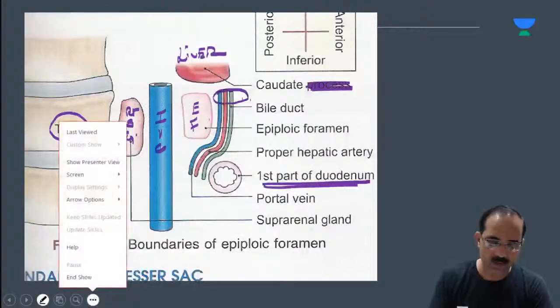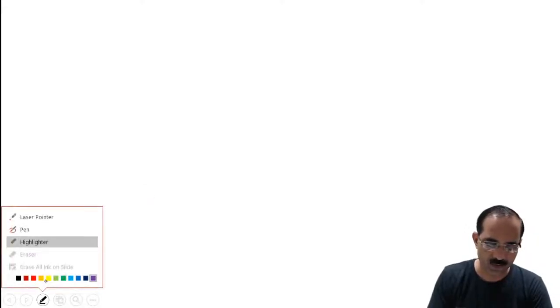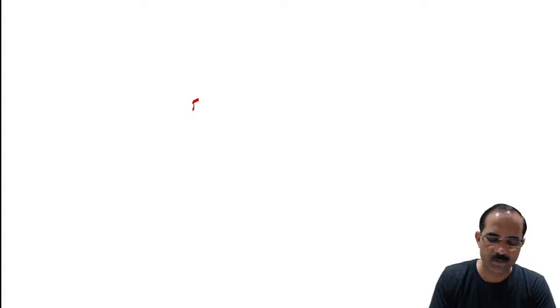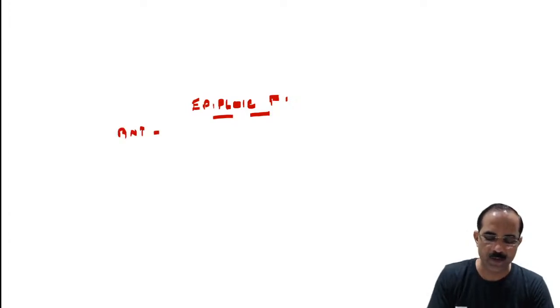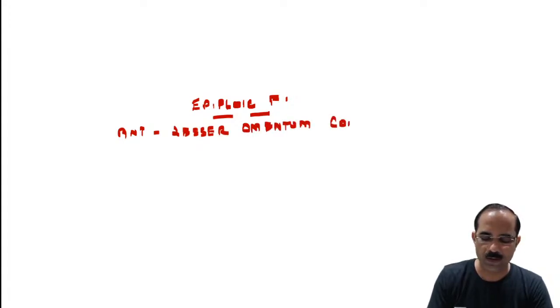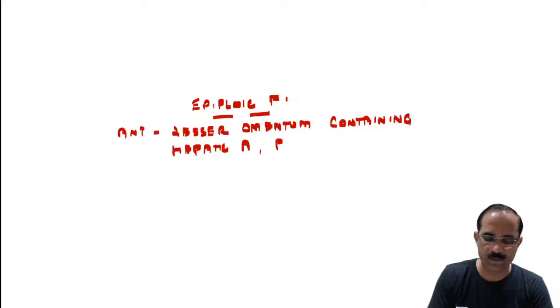The boundaries of epiploic foramen. Have a look. Boundaries of epiploic foramen. Anteriorly is the lesser omentum containing hepatic artery, portal vein, bile duct.